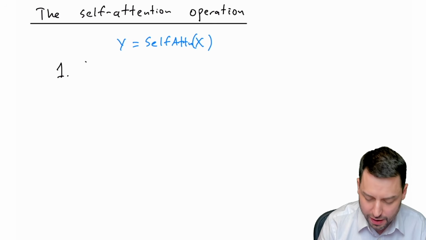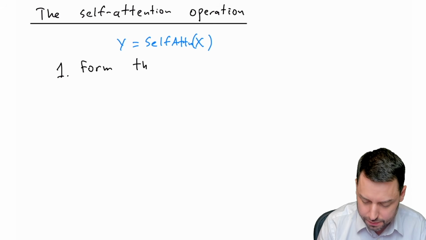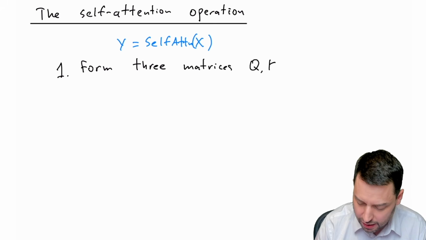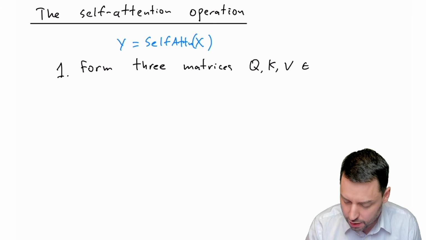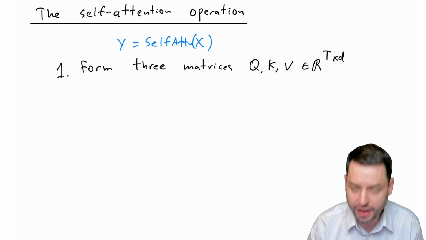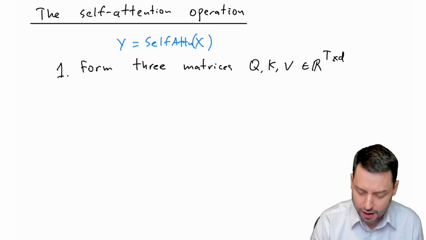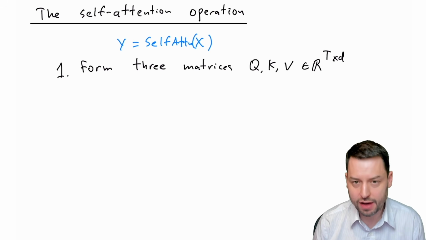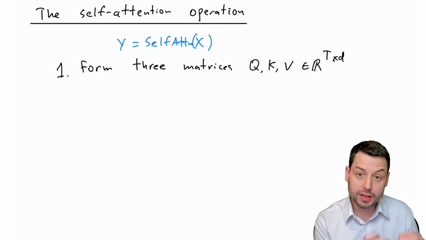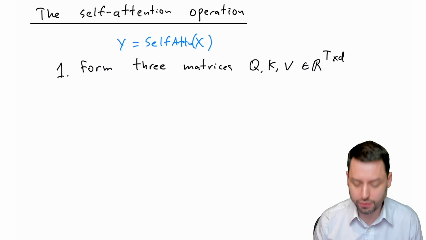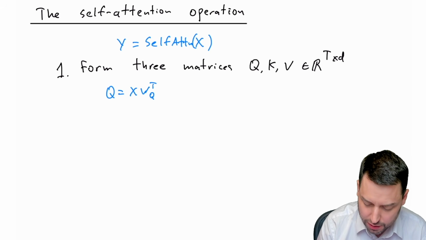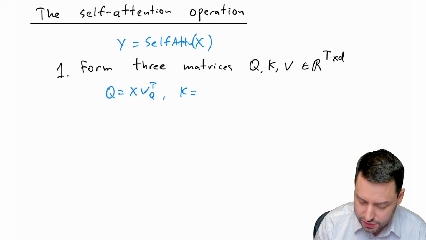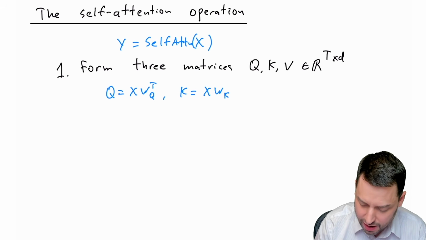So we're going to form three matrices, called Q, K, and V for queries, keys, and values. These are all going to be the same size as X, T by D. In particular, we're going to have three separate linear operations applied to X that generate these three matrices. So Q equals X times one matrix, I'm going to call it WQ. K equals X times WK transpose.